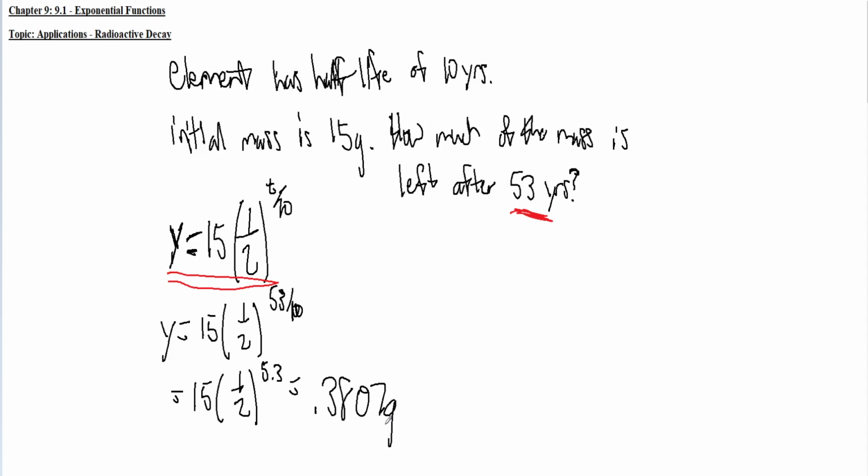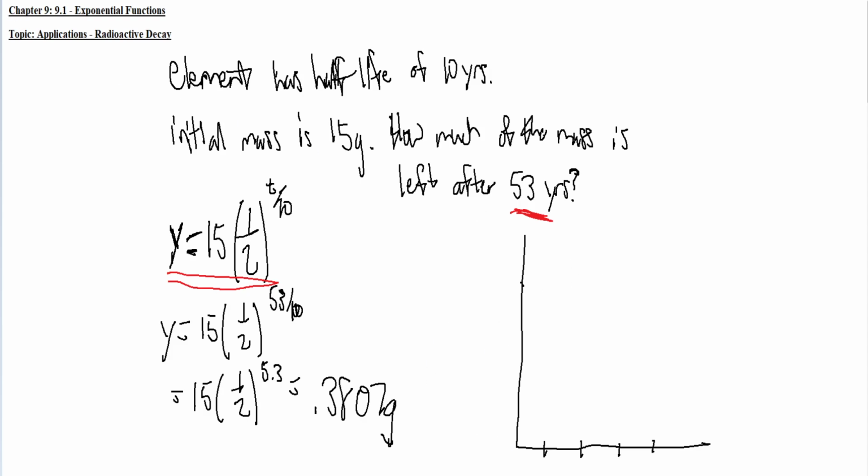And so the takeaway from this is that if you were to sketch the graph of this function, you would notice that it follows this type of pattern. Of course, not drawn to scale.